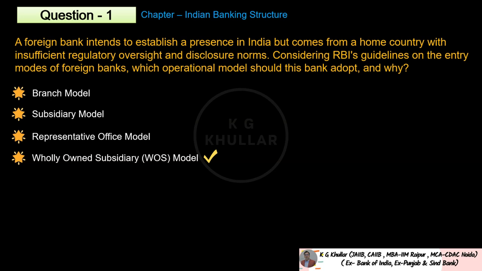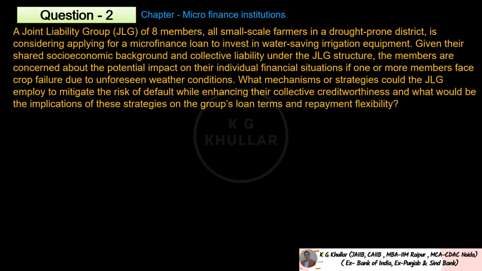The next question is from chapter Microfinance Institutions and this is in fact a case scenario and it goes like this. A joint liability group, that is JLG, of 8 members, all small-scale farmers in a drought-prone district, is considering applying for a microfinance loan to invest in water-saving irrigation equipment.